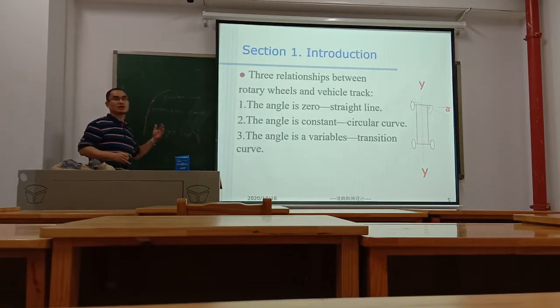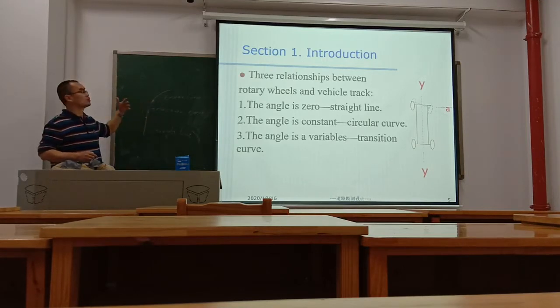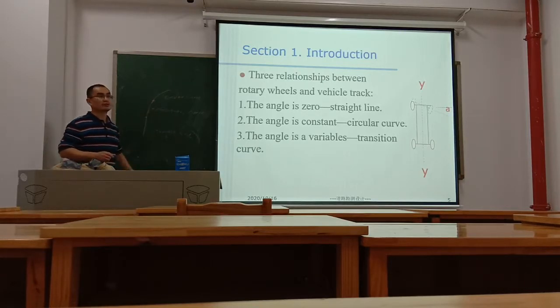This is the road route, or road alignment. Road alignment is composed of direction, circular curve, straight line, and transition curve.